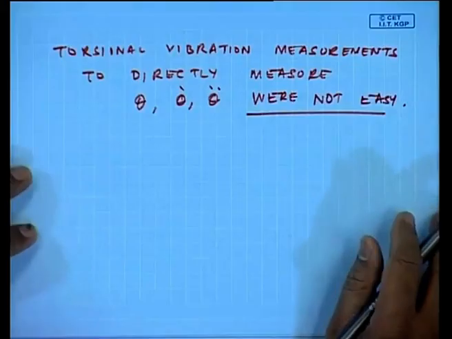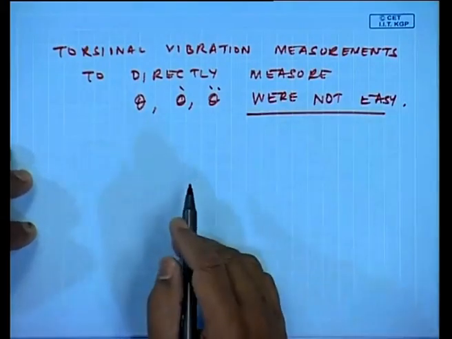But as you all know, the phenomenon is actually a torsional vibration. If there is a defect in a shafting system or a machinery carrying a pulley supported on bearings, it is actually a torsional motion, and this torsional motion could be very easily understood if there was a system to measure torsional vibrations.